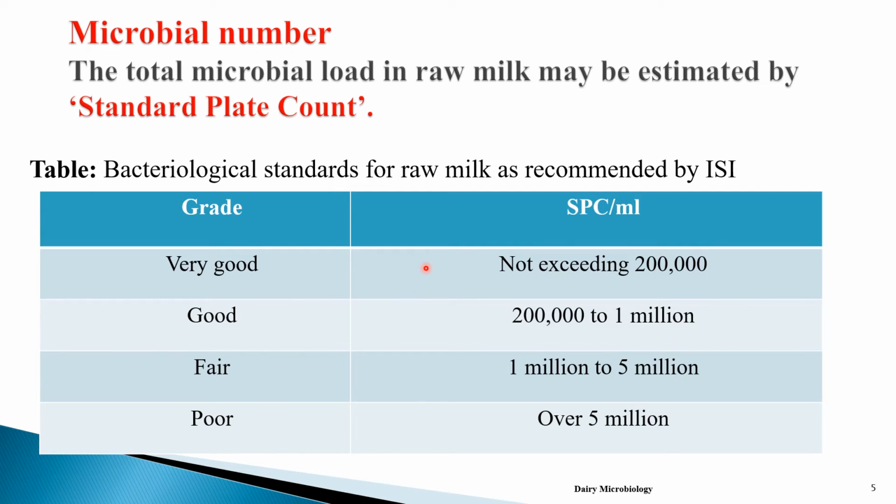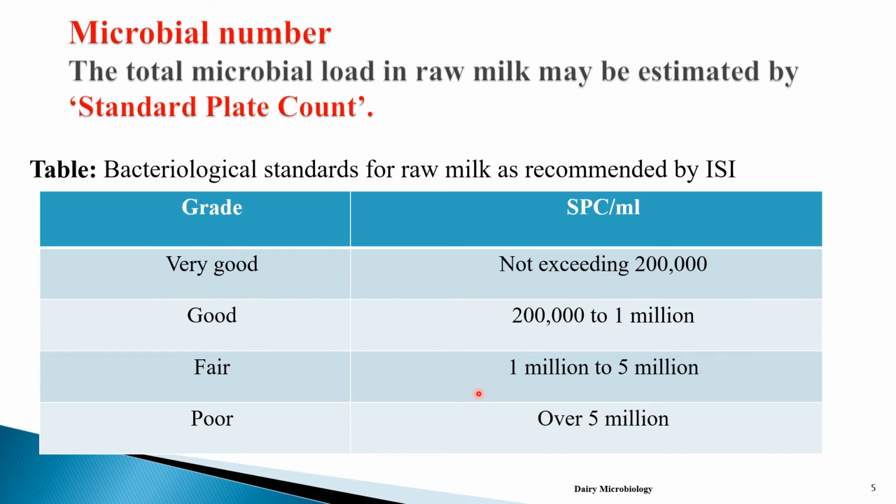If milk contains microorganisms not exceeding 2 lakh SPC, standard plate count, per ml, then that milk is of very good quality. If the number of microorganisms lies between 2 lakh and 1 million, then milk is of good quality.